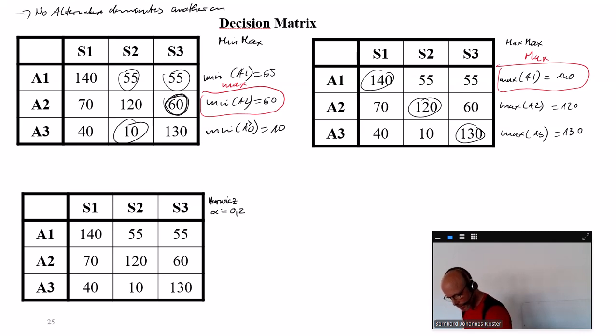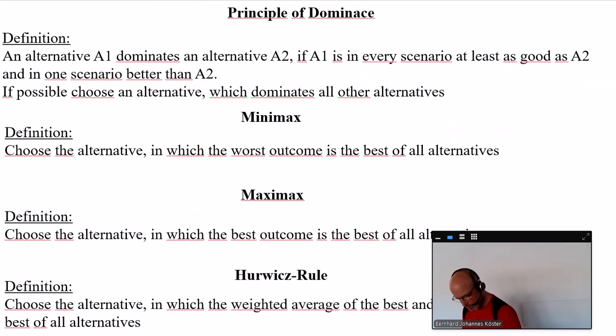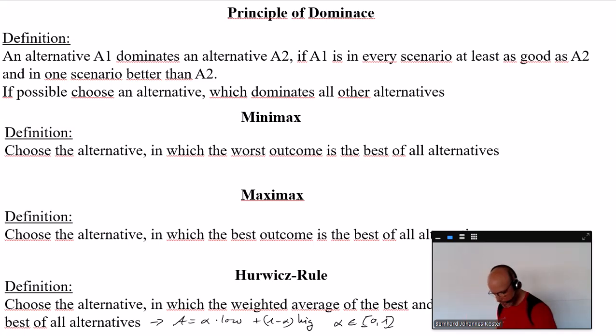Choose the weighted average, but then I also have to say that A should be alpha times low plus 1 minus alpha times high, and alpha is an element of 0 and 1.